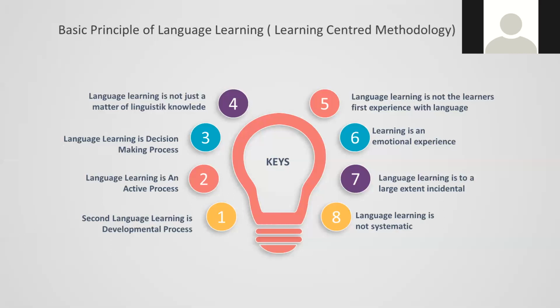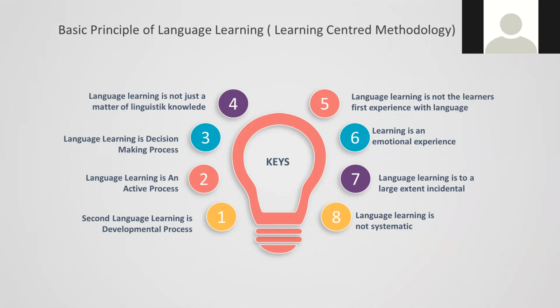The seventh point is that language learning is to a large extent incidental. Why? Because in learning language, we are not required to examine the difficulties in learning the language. We usually learn a language accidentally or unconsciously.